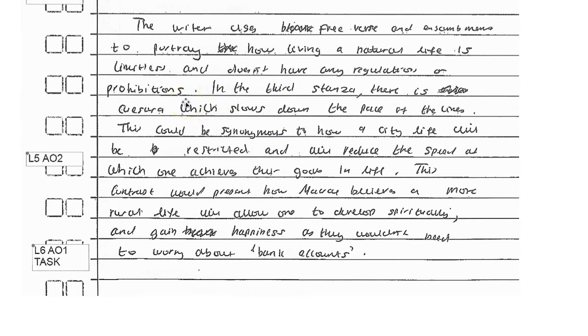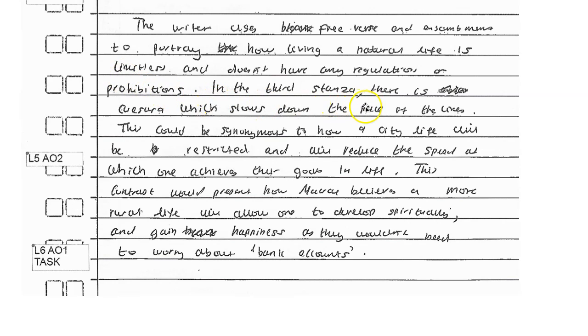So he's linking an aspect of the structure, which is the free verse, and then another aspect of the structure, the enjambment, to the purpose of the poet, to show that life doesn't have any prohibitions, but we put our own limits on it.